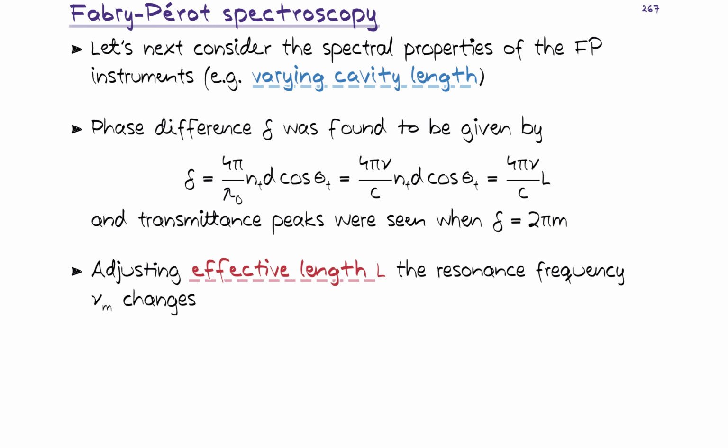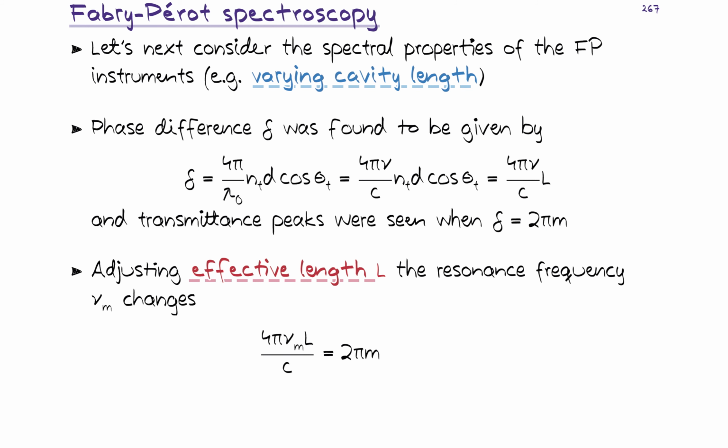And this is the key thing here to notice. So we can change the equation above. We are looking at a specific frequency associated with the given order m, so that we can write this simply as equal to a multiple of 2 pi.